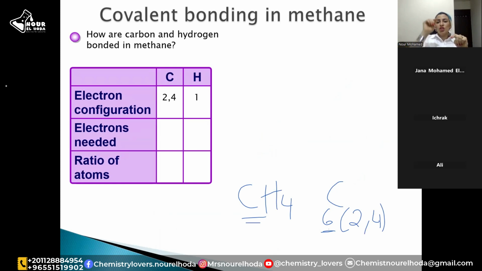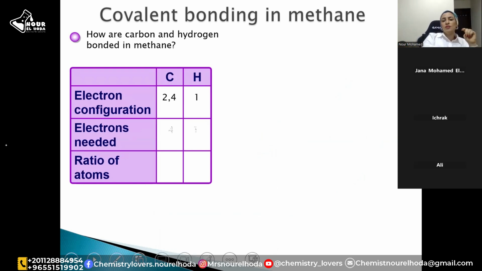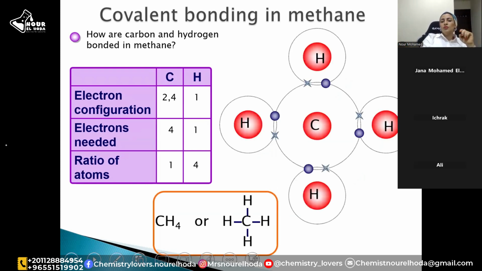So the carbon will share one here, one here, one here, one here with the 4 hydrogens. Nothing more is left for the carbon, because I already had 4 electrons in the outer shell. I shared every one by one, so I don't have more.